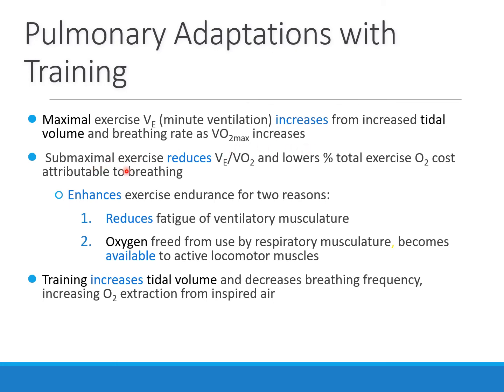Now with submaximal exercise, it actually reduces this minute ventilation to VO2 ratio, and also lowers the percent of total exercise oxygen cost. So when we're doing exercise that's not quite as hard and we're aerobically trained, well, we don't have to breathe as hard, and we don't have to breathe as deeply or as quickly, and therefore this ratio is going to come down.